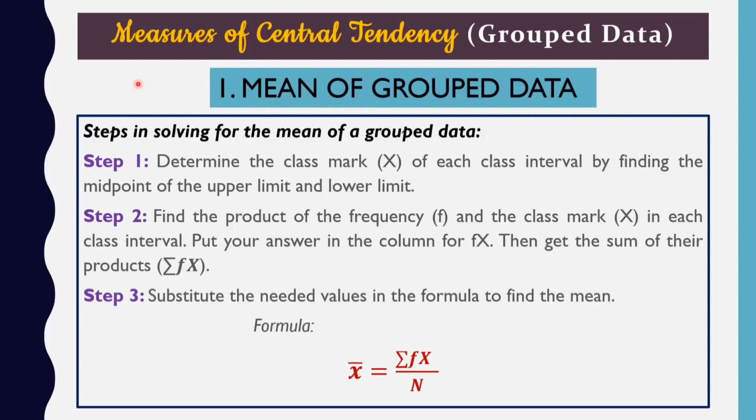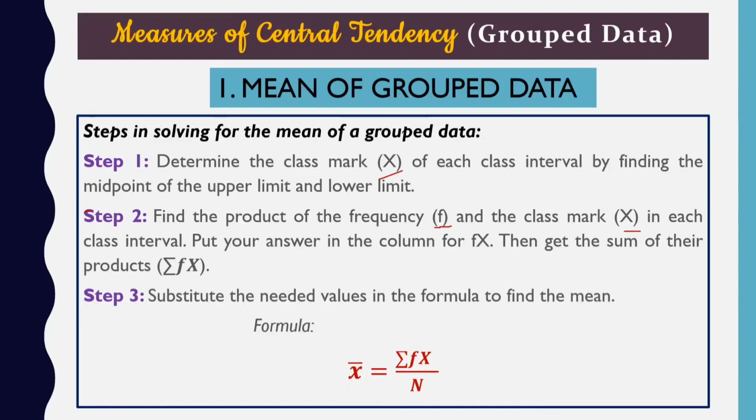Here are the steps that we are going to follow in solving for the mean of group data. For step 1, we determine the class mark, which we will represent with capital X, of each class interval by finding the midpoint of the upper limit and lower limit. Step 2, we find the product of the frequency, small f, and the class mark, capital X, in each class interval.